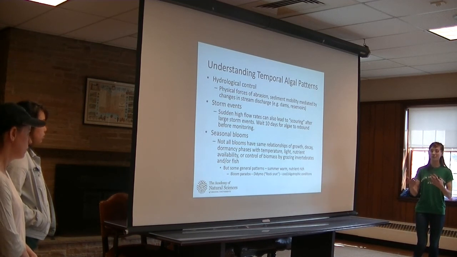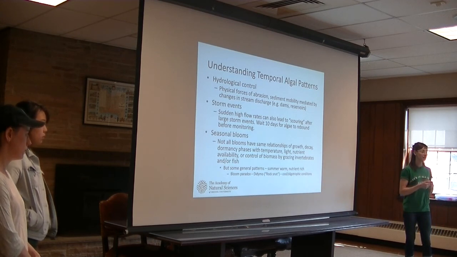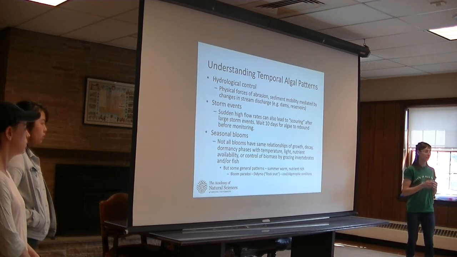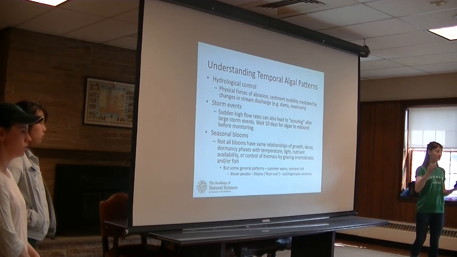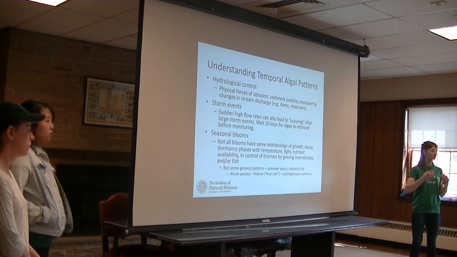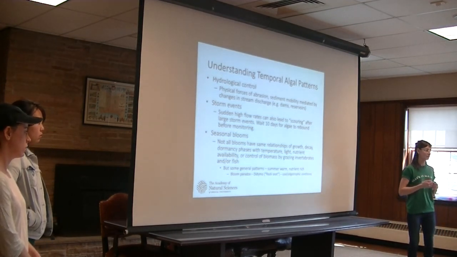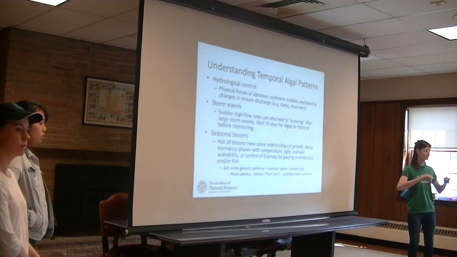And not all blooms are indicative of bad conditions. Sometimes that's natural, and it really varies between streams. If you monitor a really shady stream that has fast-flowing water, mostly rocks, and it might be really shallow, and you see a lot of fish, you may not see a lot of algae growth, and that might be your normal baseline condition.